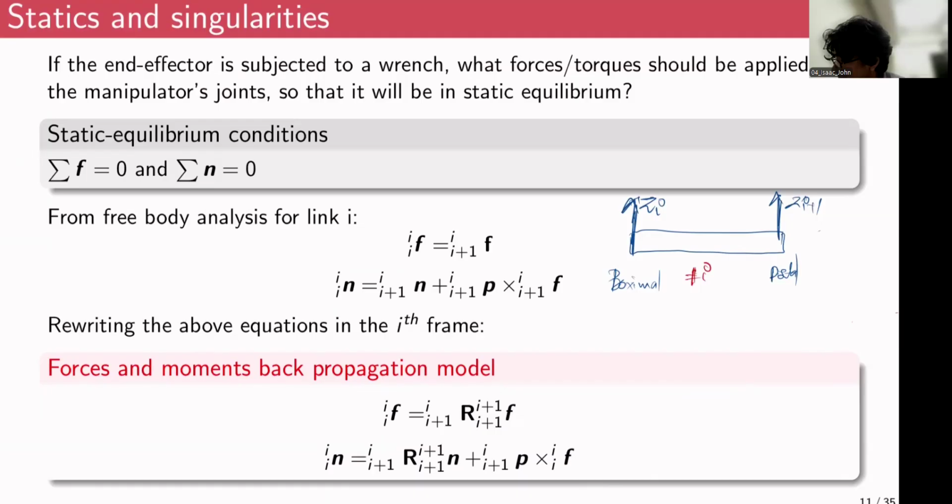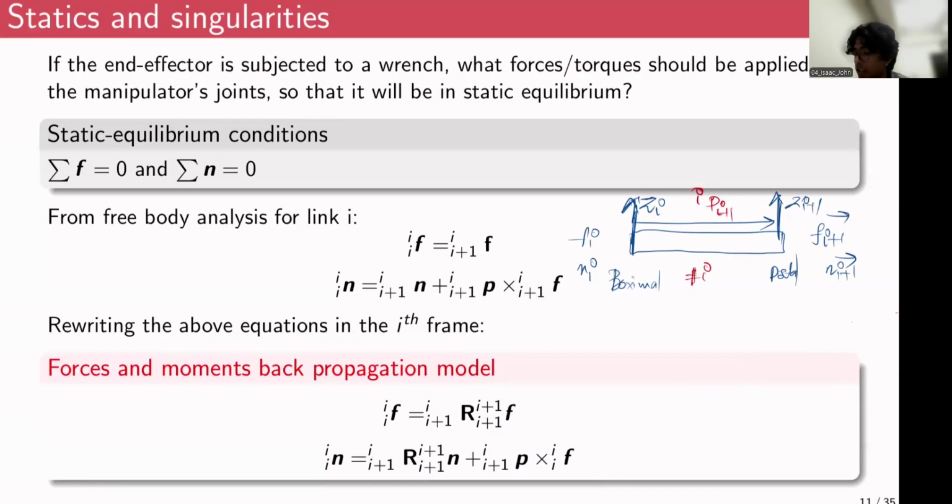So you will have Fi+1 vector and Ni+1 vector. On the proximal end, you will have this Fi vector and this Ni vector. The distance between the two frames is essentially the link length of the mechanism. Here, I can represent this length between these two frames as the position vector of I+1 with respect to I.